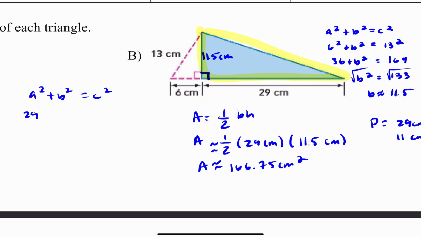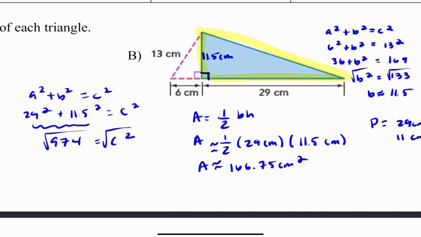A is 29 squared plus 11.5 squared equals C squared. 29 squared is what? Here, I'm just going to jump right into it. This is going to be 974, which is equal to C squared. Take the square root. And C is approximately 31.2 what? Centimeters. So, the hypotenuse of this right triangle is 31.2 centimeters.